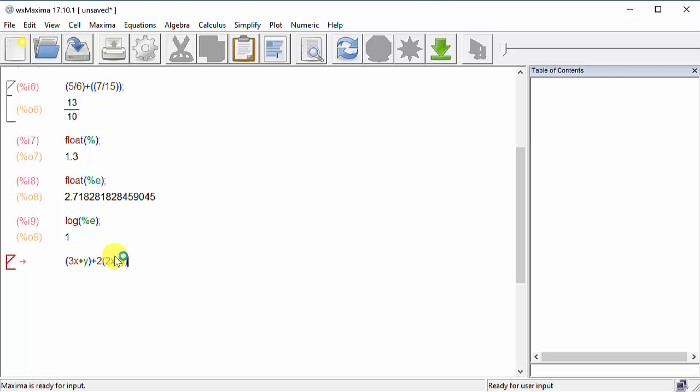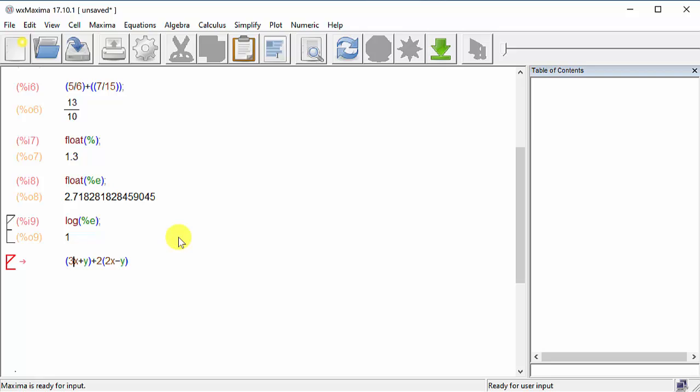Now, look how I typed this in. This is not the correct way to type it in. Do you see here how we have 3x? If you have 3x, you can't type that in wxMaxima. It doesn't recognize that as 3x.